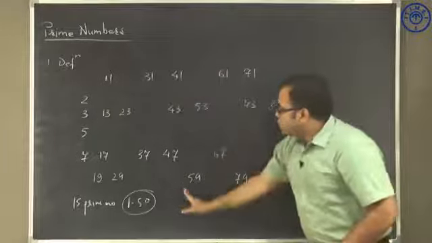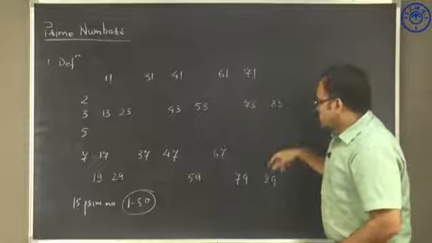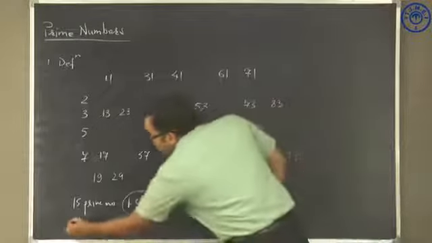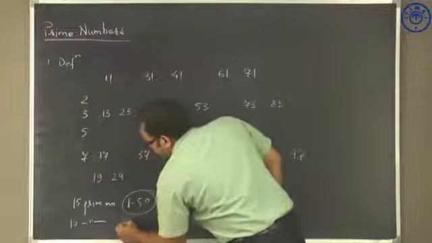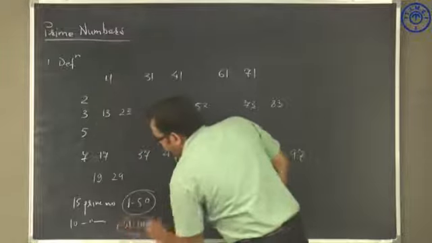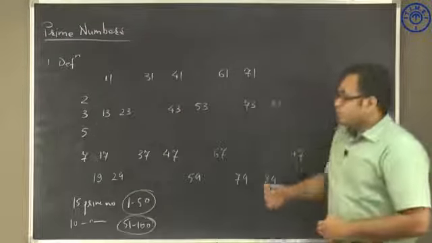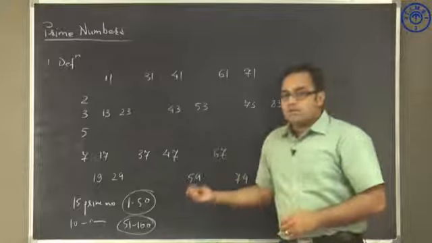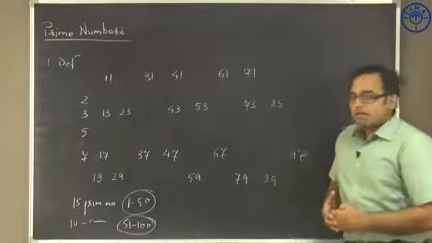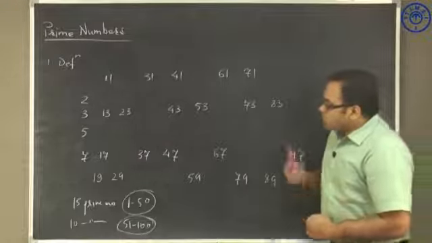So, from 51 to 100, there are 10 prime numbers. So, from 1 to 50 there are 15 prime numbers, from 51 to 100 there are 10 prime numbers.